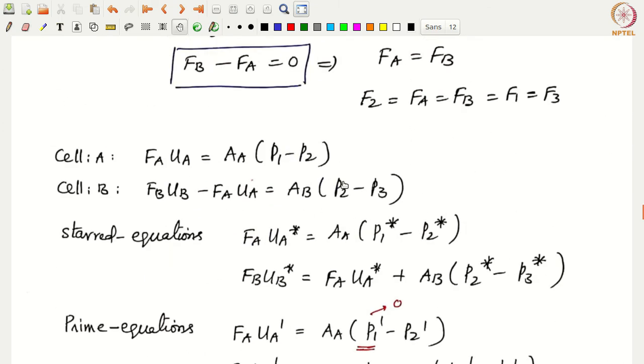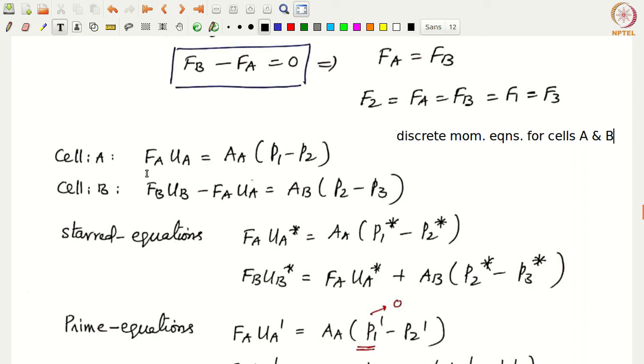That means our discrete momentum equations for cells A and B are, for cell A, FA UA equals AA times P1 minus P2, and for cell B, FB UB minus FA UA equals AB times P2 minus P3.